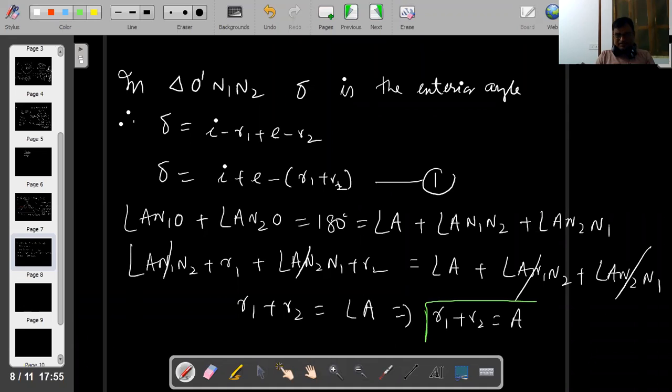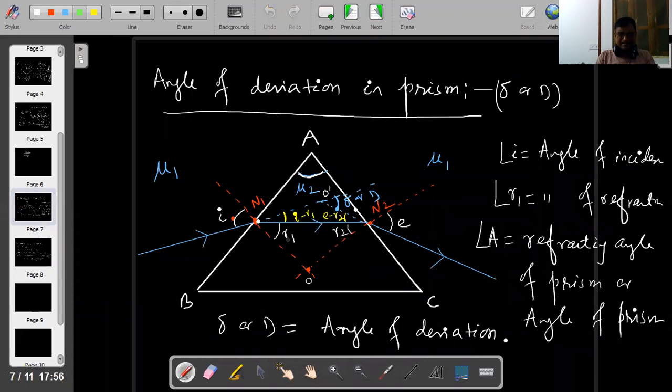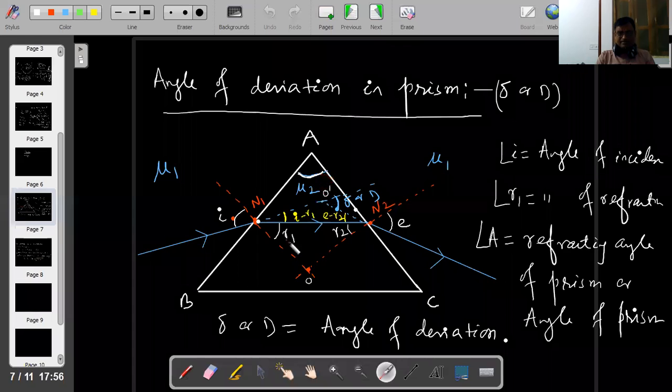If I add these two angles R1 and R2, it is always equal to A.